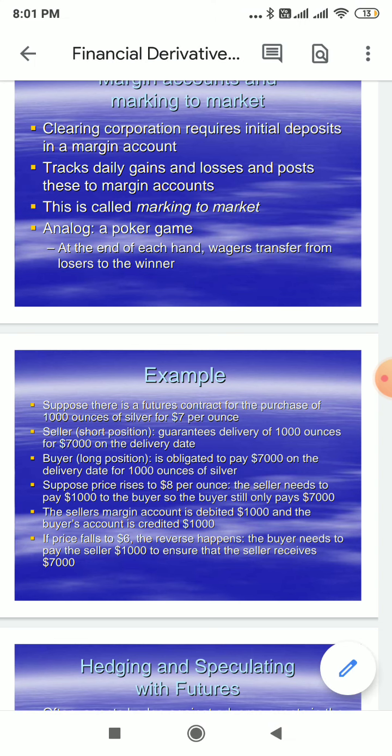Now, since we are buying and selling a particular commodity or a stock or any other financial instrument at a future date, every day there may be a difference between the price at which we bought or sold and the price today. That difference we call mark to market. For example, we bought a commodity for 50,000 rupees, for 3 months from now.